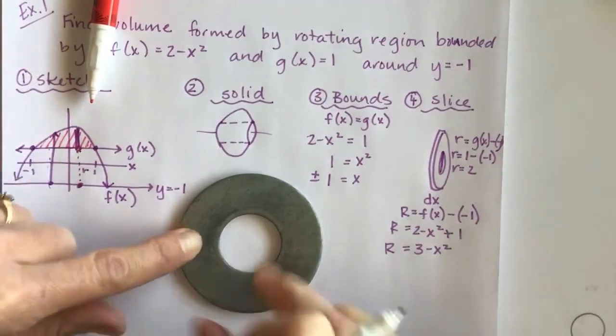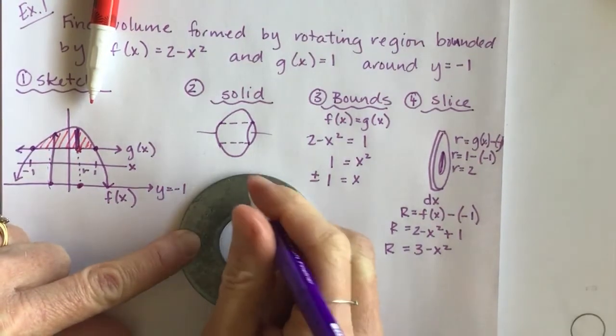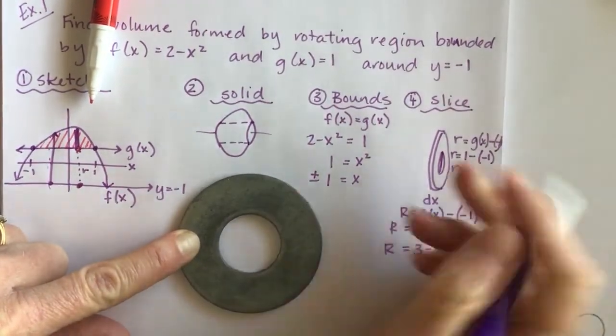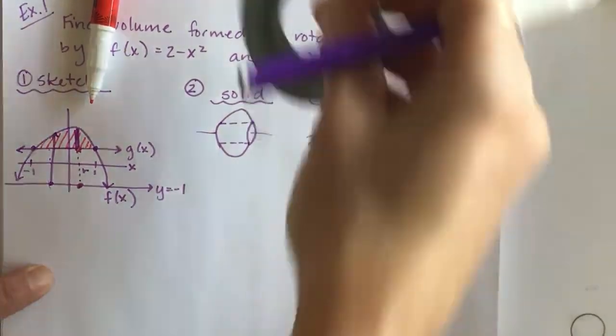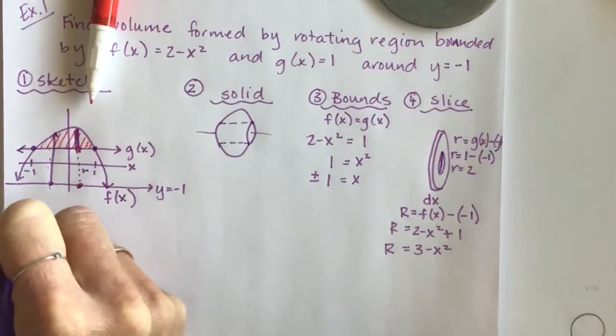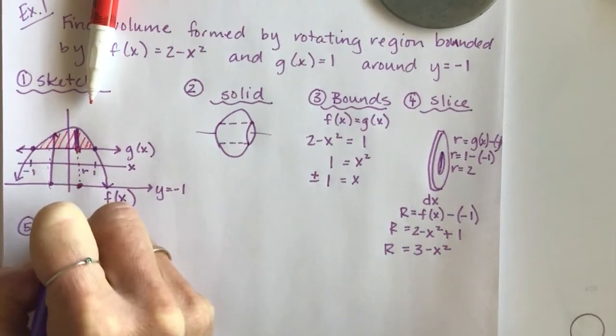Okay, so now we've got big R from this point all the way up. 3 minus x squared, little r is a constant 2. Okay, and now we're going to write our integral here. So step 5, I kind of have 5 steps today, integral.